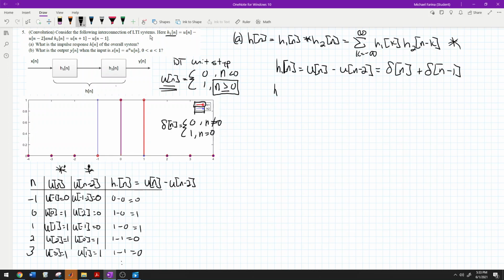And for h2 of n, we're not going to do the table again. You can do that on your own if you can't see it, but we have a delta at n plus 1 plus a delta at n.